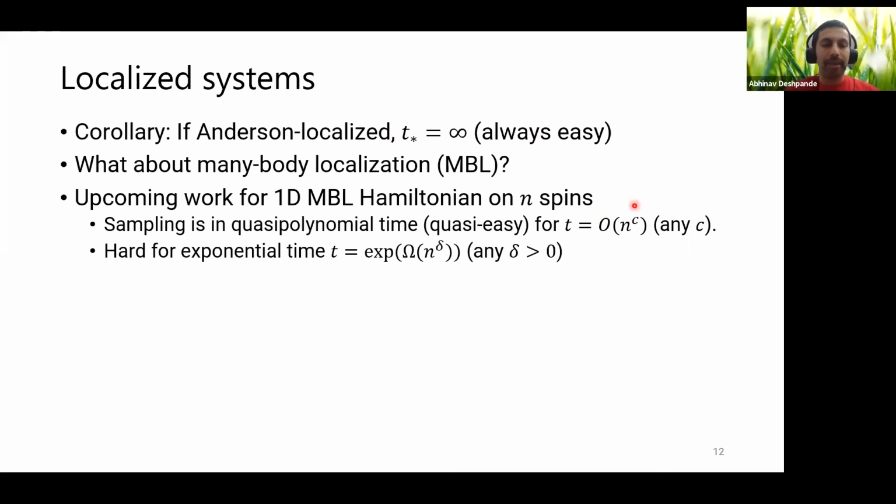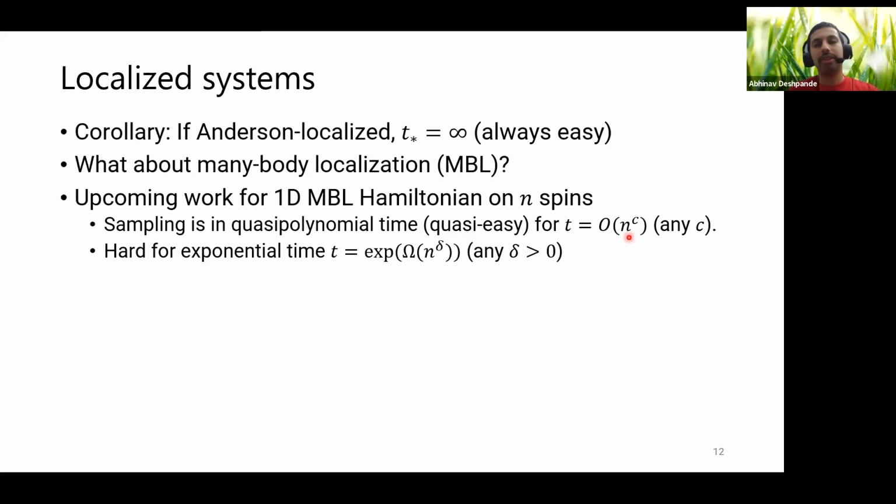But if you still let me compare, what we see is that sampling or simulating the system is in quasi-polynomial time. So we call that quasi-easy. It's not quite in P, but it's likely to be in P if we can improve our algorithms, as long as the evolution time is any polynomial.